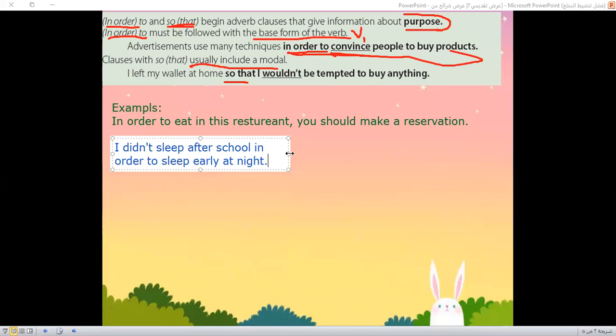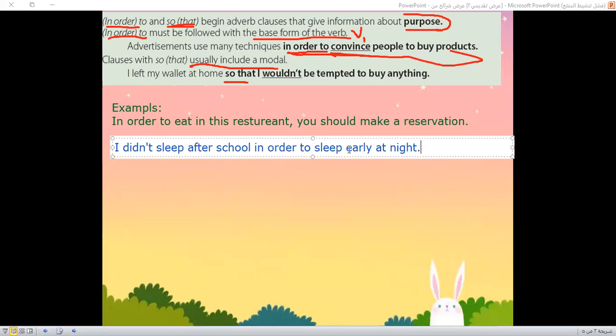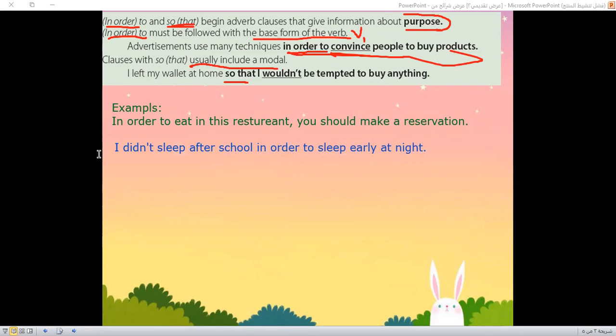You see, I didn't sleep after school, and there is a purpose. There is a goal why I didn't sleep after school, in order to sleep early at night. You see? طيب what about so that؟ نفس المعنى. لو هنا قلنا, I didn't sleep after school so that I could sleep early at night, it's the same thing. لكن هو فقط إنه so that usually لازم تكون معاها modal. Modal يعني would, will, could, can.